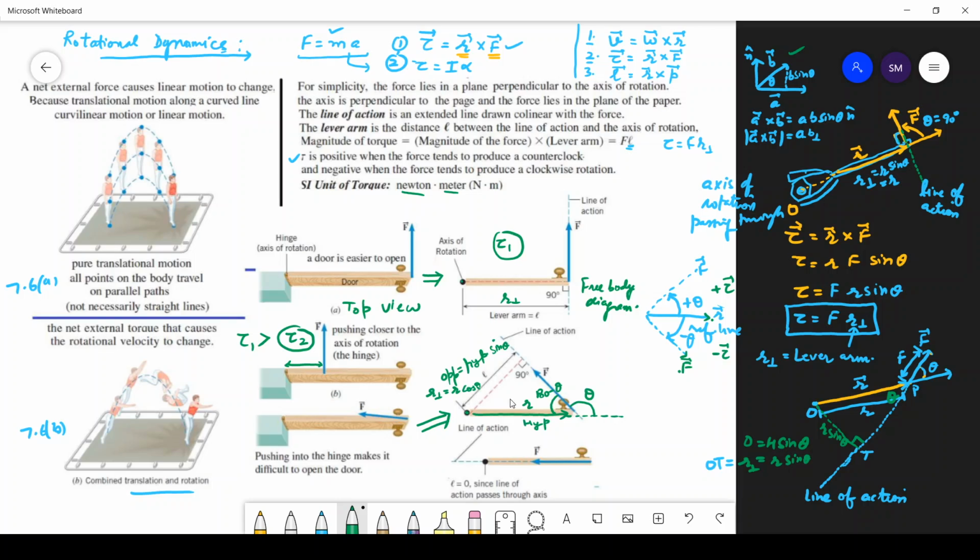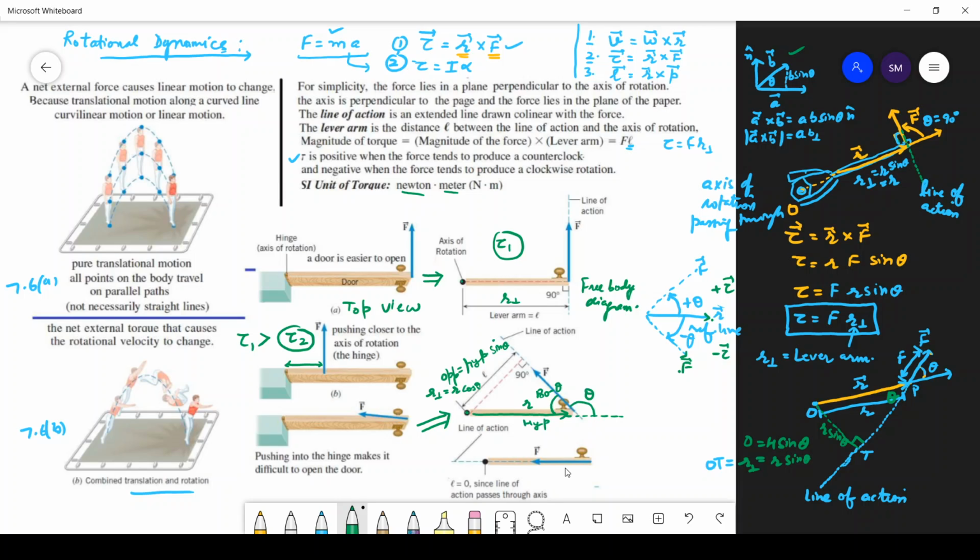Okay, got this concept, students, for this figure? Yes, because here the angle you are taking is 180 minus theta, so sine 180 minus theta is cos theta. So this is the perpendicular length, or you can say lever arm, always. Okay, got it?